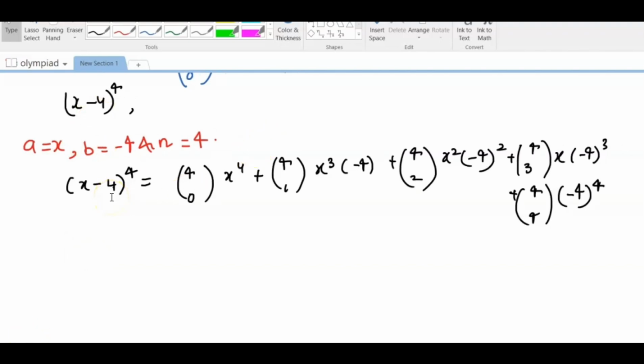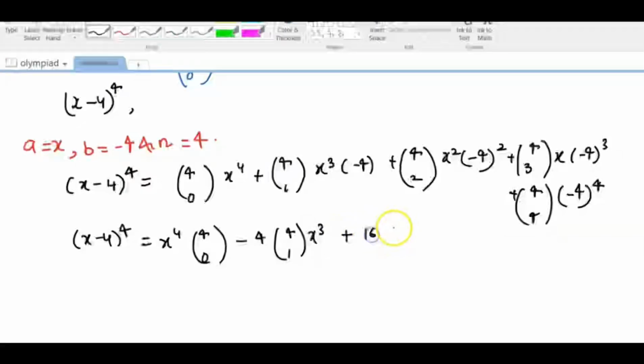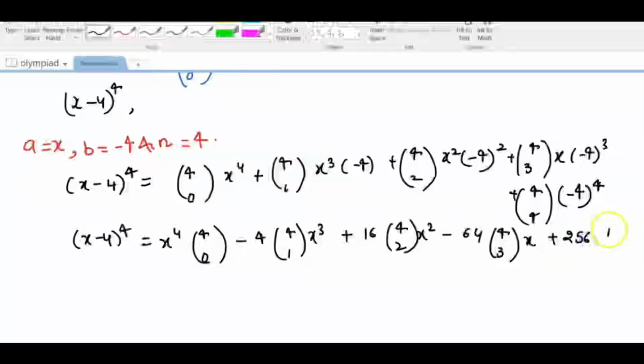But first, let's simplify this equation. (x minus 4) to the power 4 would be 4 choose 0 times x to the power 4, plus 4 choose 1 times minus 4 times x cubed, plus 4 choose 2 times 16 times x squared, minus 4 choose 3 times 64 times x, plus 4 choose 4 times 256.